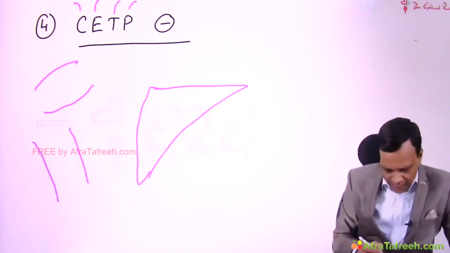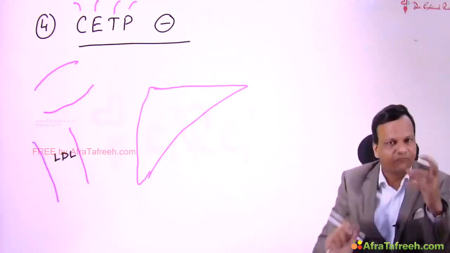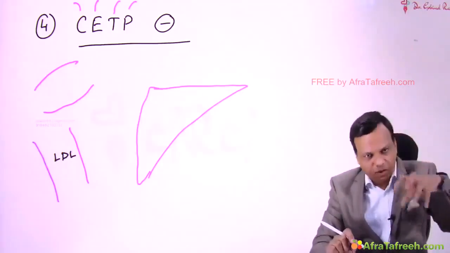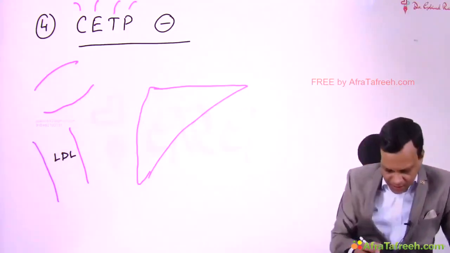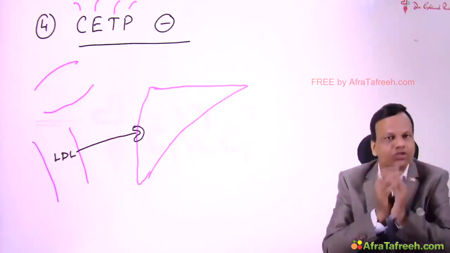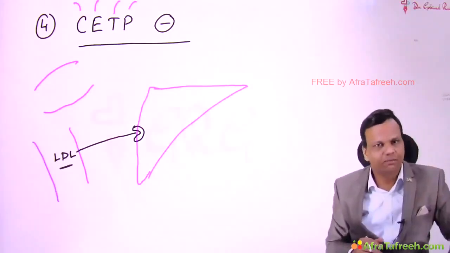We know that when LDL is in excess in the blood, it can form a thrombus. Atherosclerosis can happen, so it will deposit in the blood vessel, and this LDL is taken up by the liver so that thrombus does not occur.